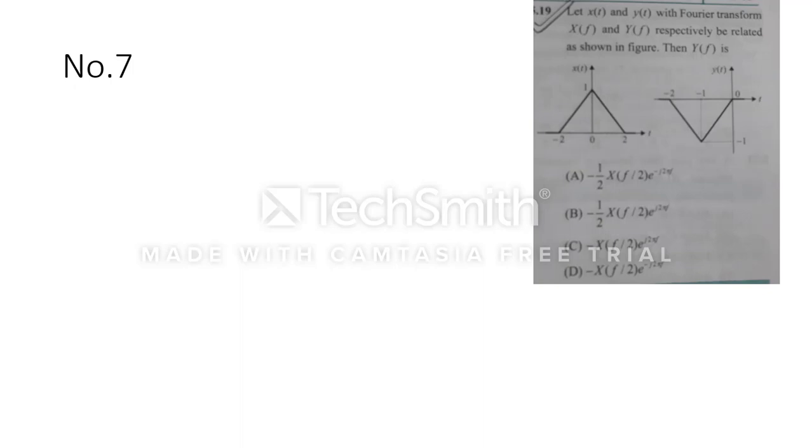We can see over here, if in x(t) we do x(t + 2), our waveform will shift to the left side. So it will start from 0 and go up to −4, and the magnitude will remain the same, that is 1. But in this graph you can see that the value is from 0 to −2.